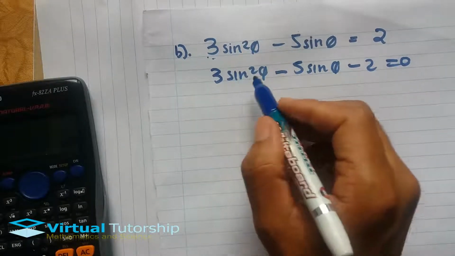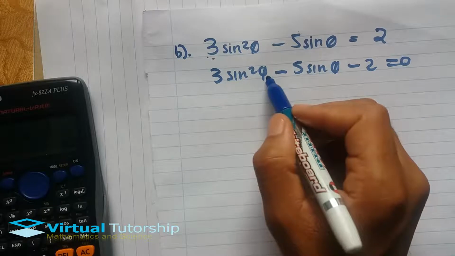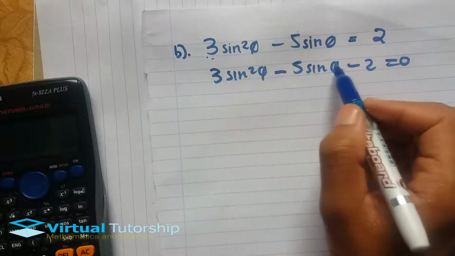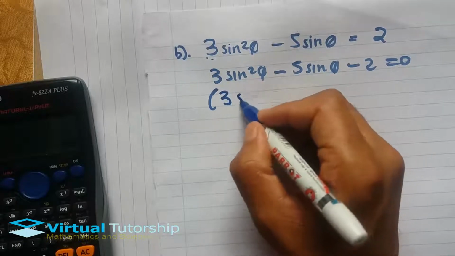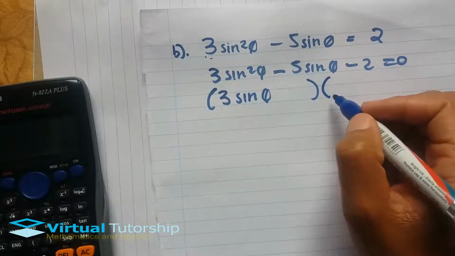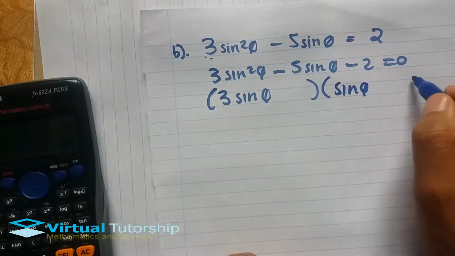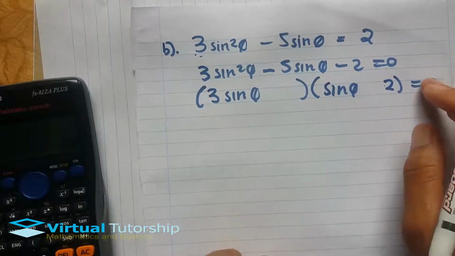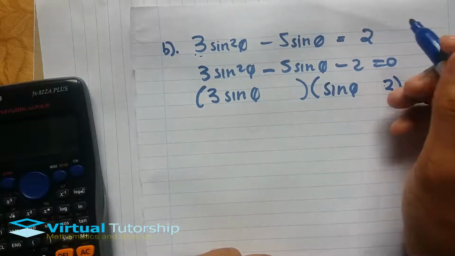When you look at it, we now have a trinomial, with sine squared theta and sine theta. You look at these powers, they descend, so with a trinomial you will get its factors. 3 sine theta. You can also use the quadratic formula to find the solutions, not a quadratic equation, sorry.